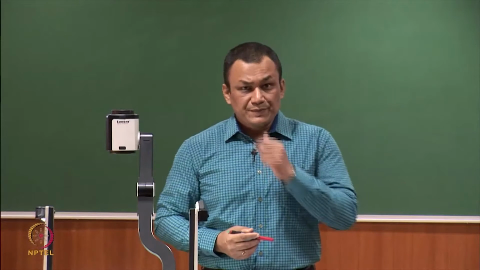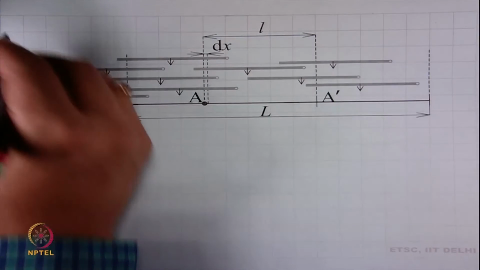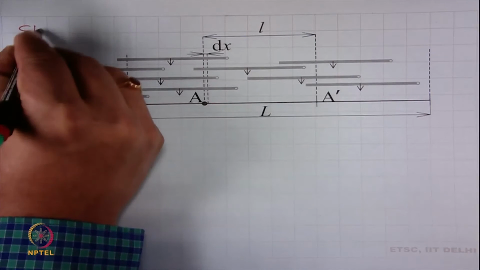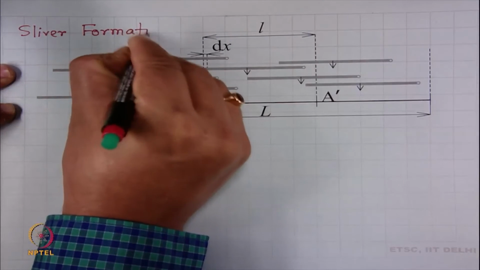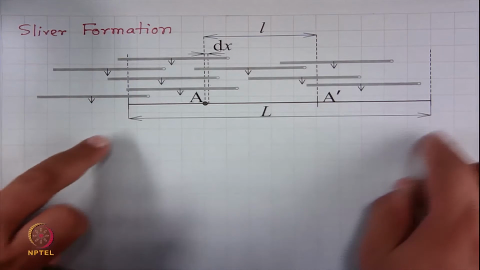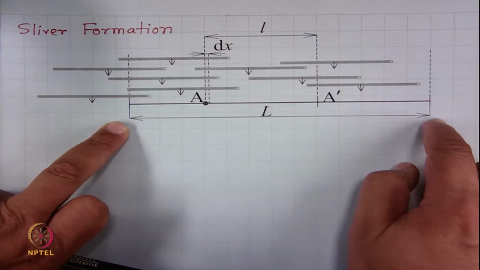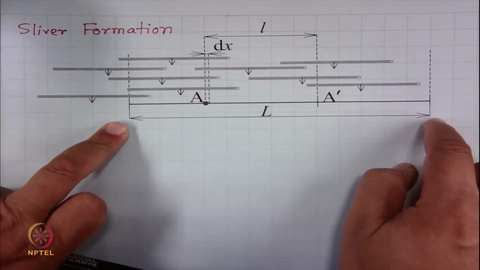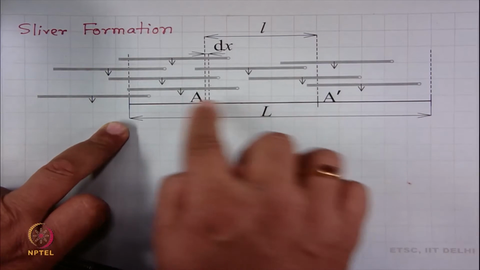This picture depicts the formation of sliver according to Martindale's model. What you see in this diagram is a length capital L. We will consider this as the sliver length. In this length capital L, there are many fibers present.